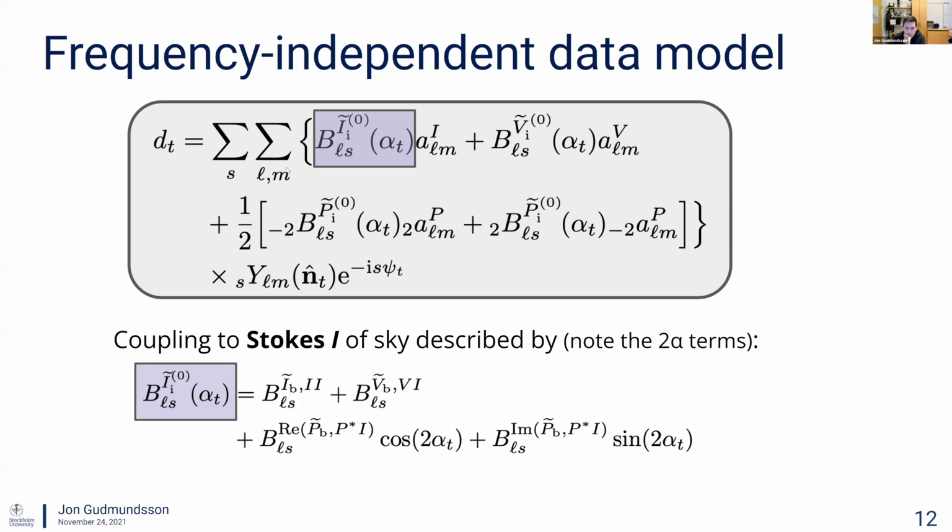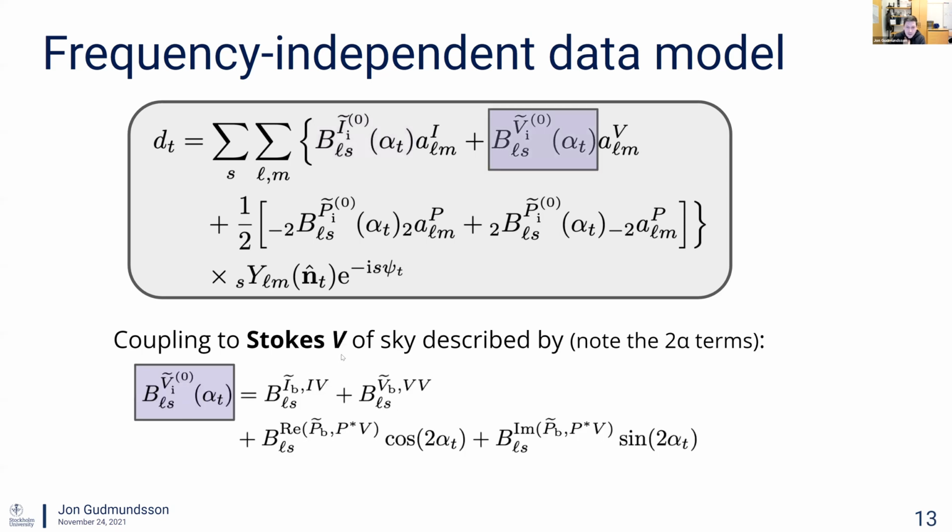What we see when we look at this expression is that the stuff that has to do with the unpolarized part of the beam can actually be broken up into several terms, some of which are stationary or unmodulated by the half-wave plate, and some of which are actually modulated by 2 times the modulation frequency of the half-wave plate.